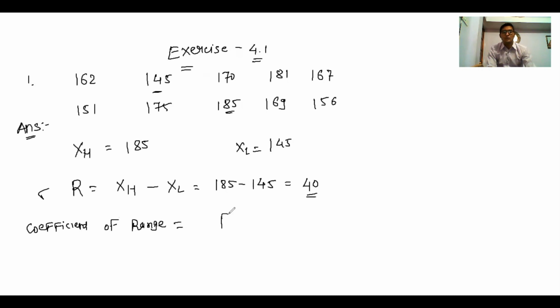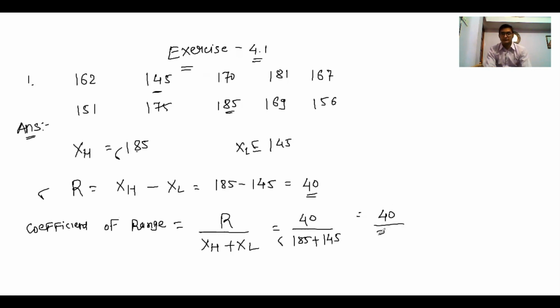Now, coefficient of range is equal to R divided by XH plus XL, 40 divided by 185 plus 145, total of these two. And now 40 divided by 330, our final answer is 0.12.